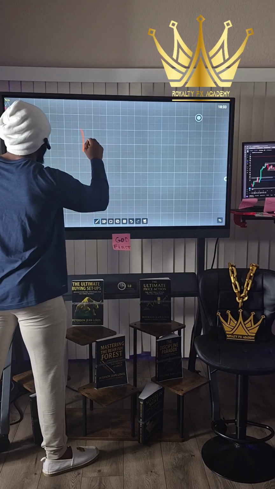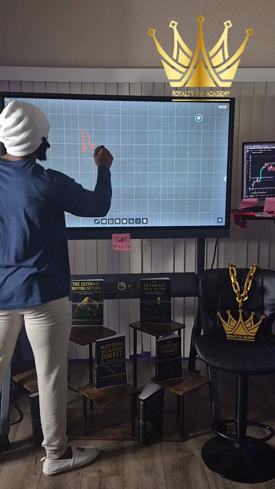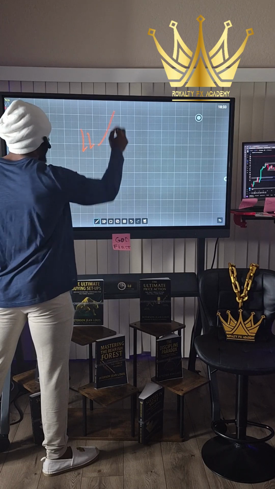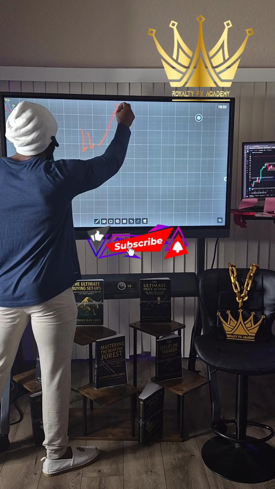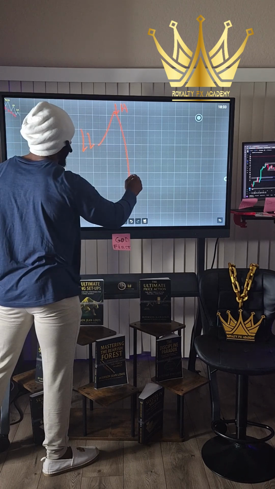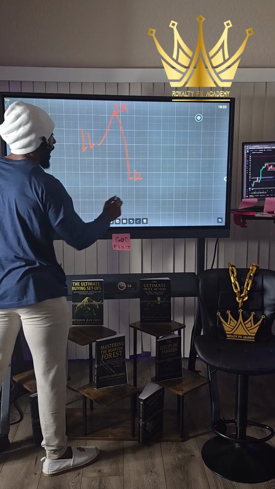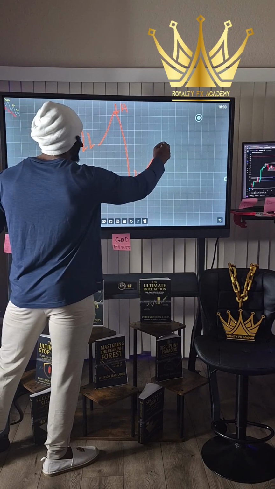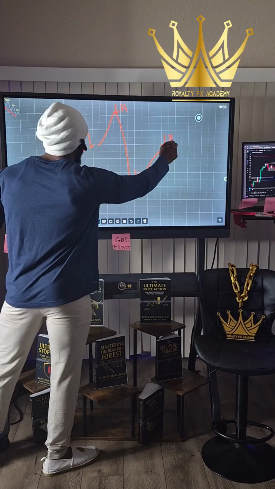After every lower low, you are looking for the market to give you a lower high. After each lower high, you are looking for the market to give you a new lower low. And after each lower low, you are looking for the market to give you a lower high.